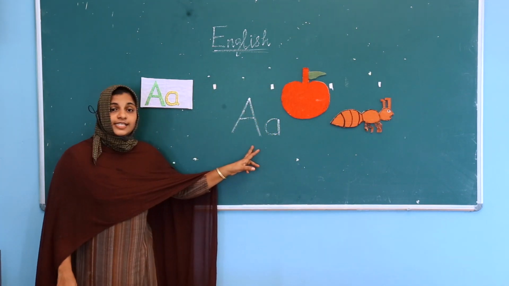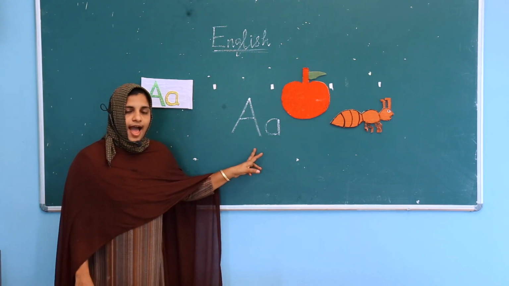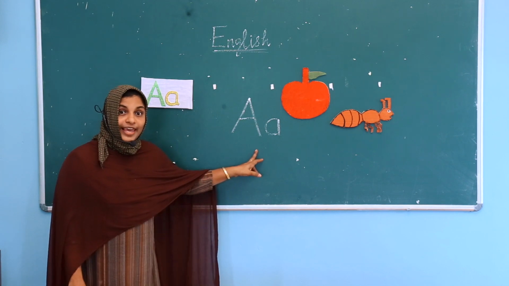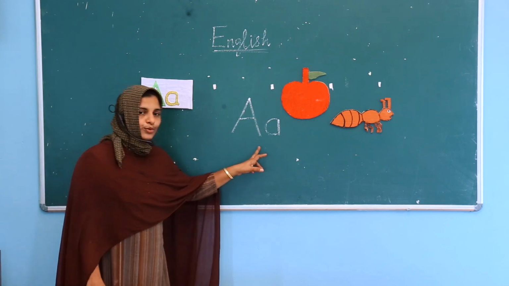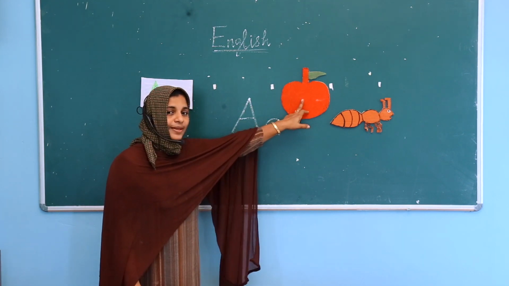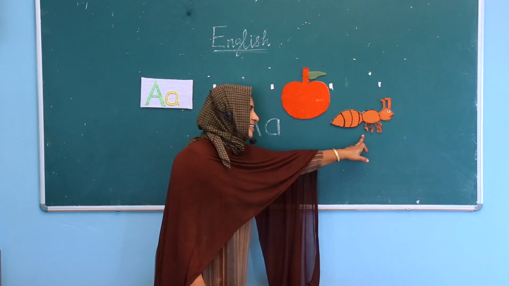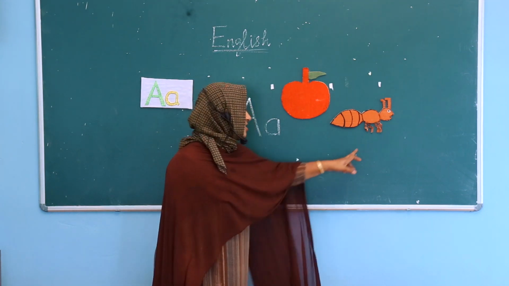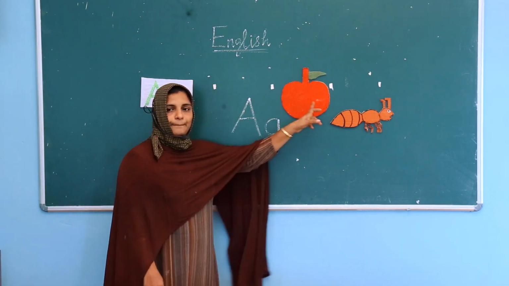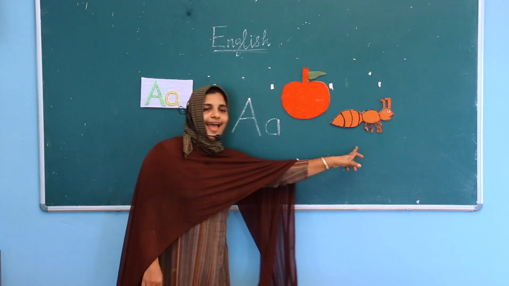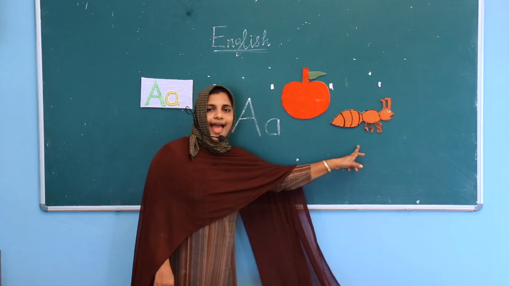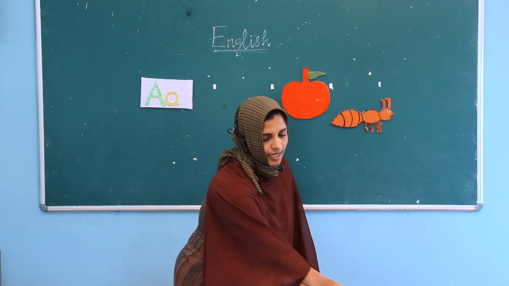Say, what is the sound of this letter? A. Sound of A. This is apple. And what is this? This is ant. Apple. Ant. A. Apple. A. Ant.